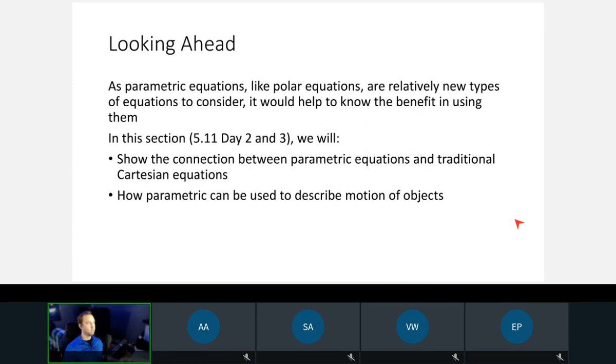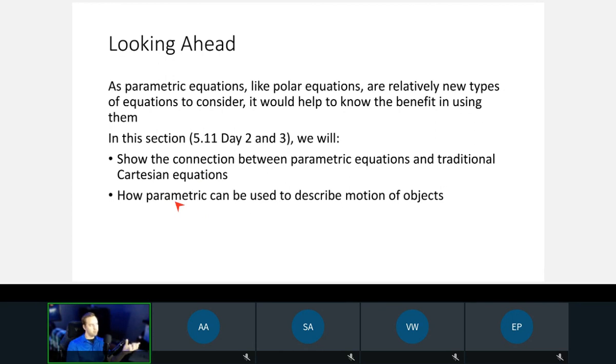Or sorry, Wednesday and Thursday, or day 2 and day 3. We're going to look at how these connect with the standard Cartesian equations. We'll do that tomorrow, and then on Thursday, this is probably one of my favorite lessons of the term. I think it's so cool.